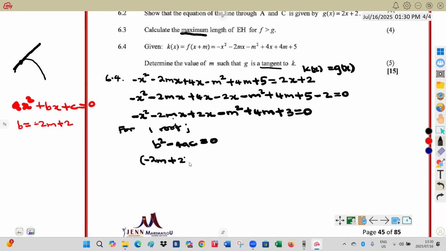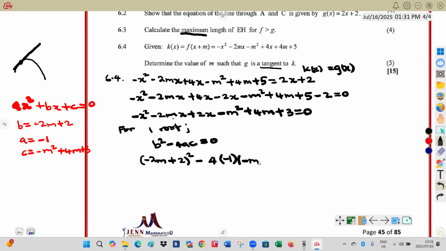So we substitute that. It's b squared minus 4 times a. If you check, our a here is negative 1, so we substitute the negative 1. What's our c? Our c is the constant term, the term without an x, which is minus m squared plus 4m plus 3. So that's what we substitute there.